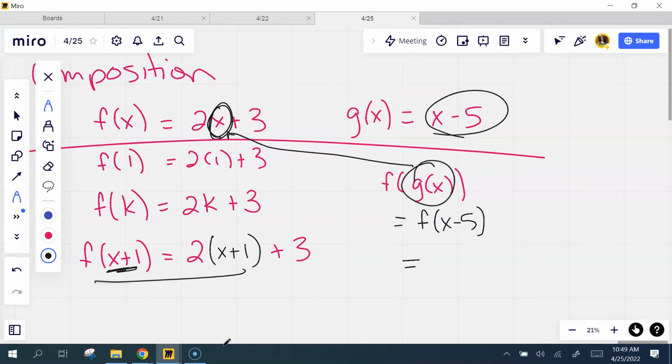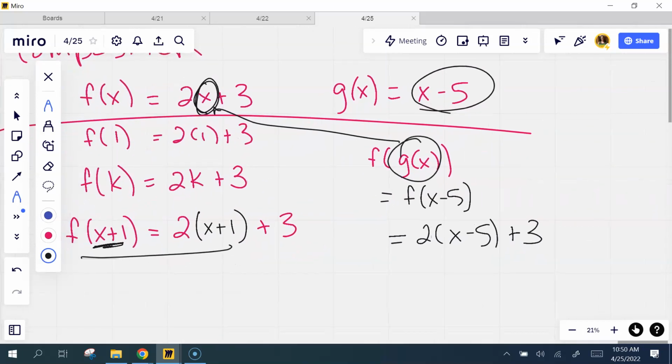Y'all don't remember doing this? You should have done it in Algebra 1, but that's okay. So this is 2 times x minus 5, plus 3. Can everybody in here see how that's being plugged in? What's happening there? That's the biggest thing I need you to understand how to verify.